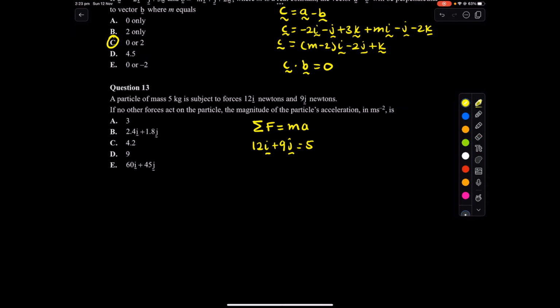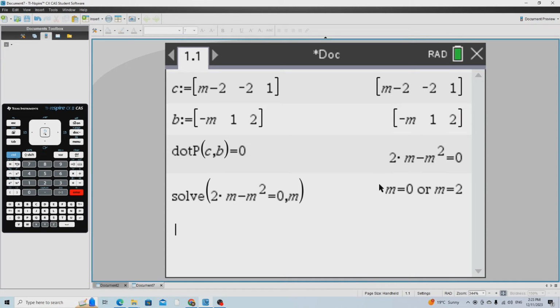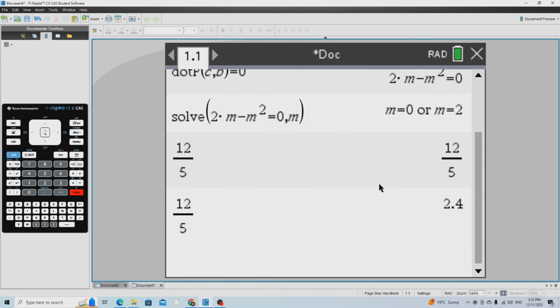So your acceleration is just a vector, which is 12i plus 9j divided by 5. So what's 12 divided by 5 and 9 divided by 5?